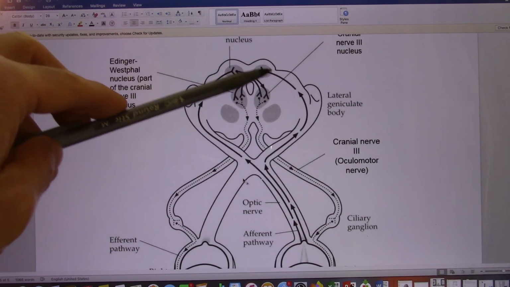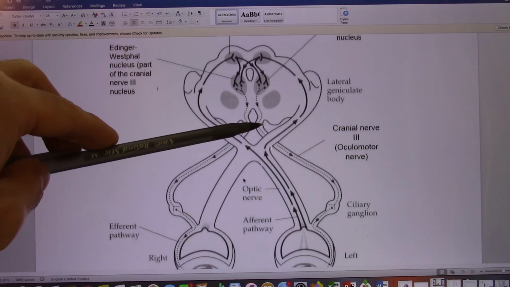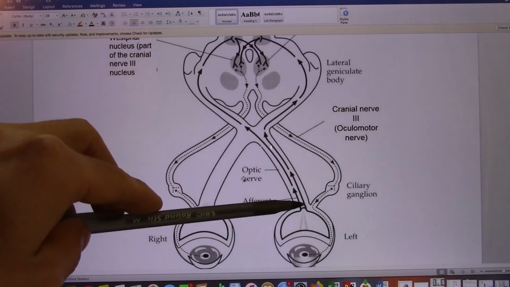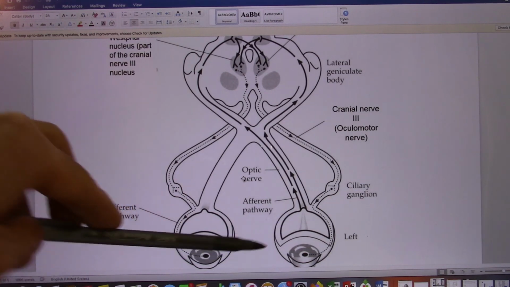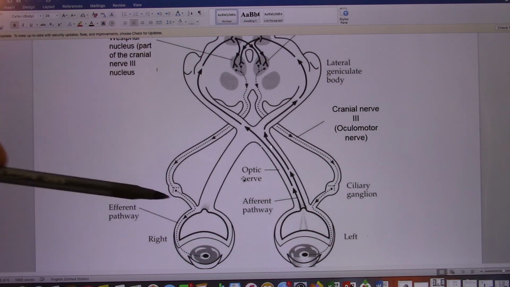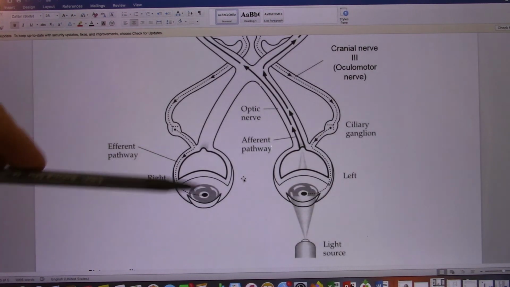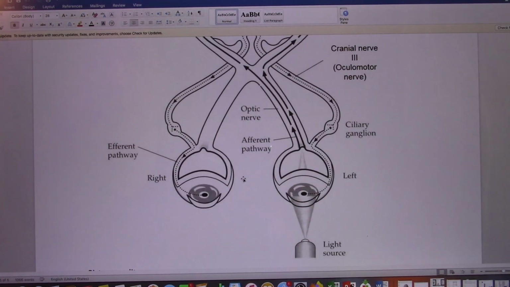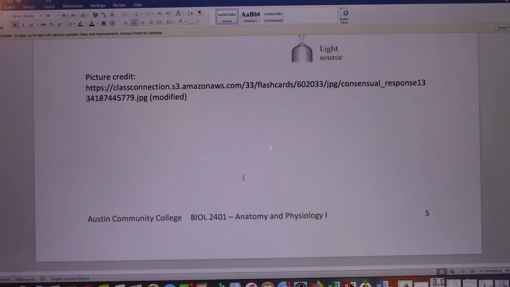And it will go through cranial nerve number 3. We talk about those cranial nerves. The oculomotor nerve goes to control the ciliary muscle and controls your pupil constriction. So it turns out when you shine the light to one eye, eventually both eyes constrict. Okay, that's it.